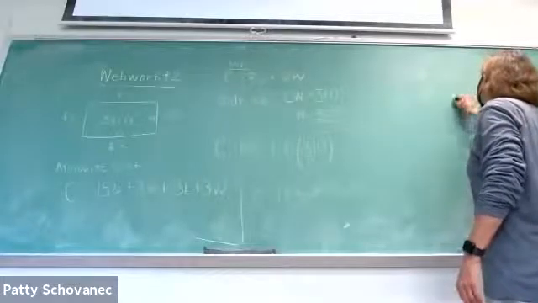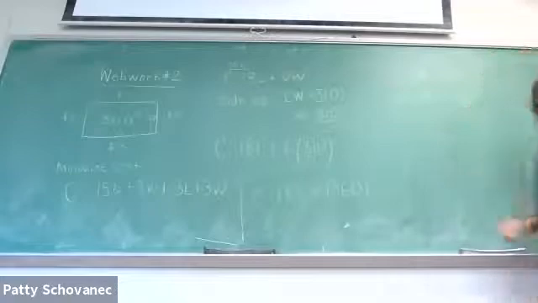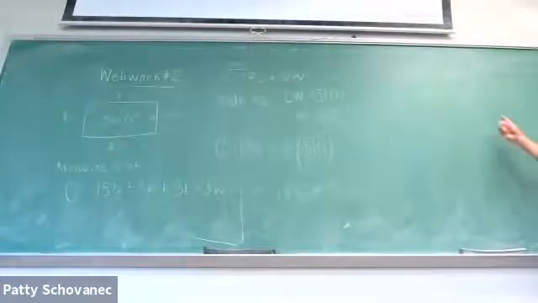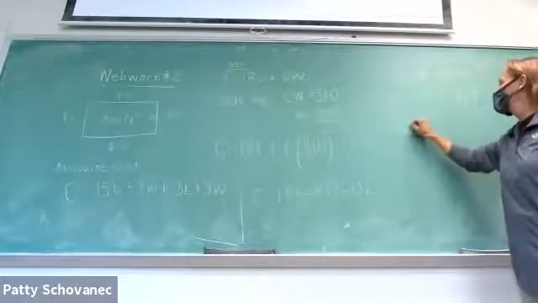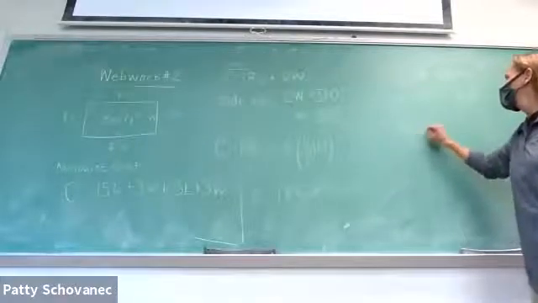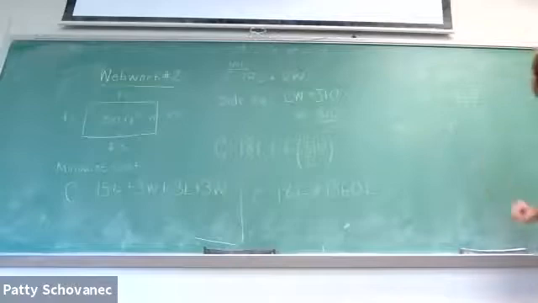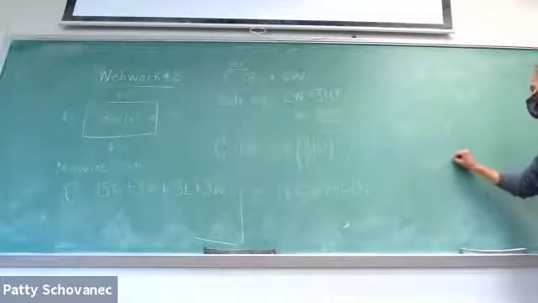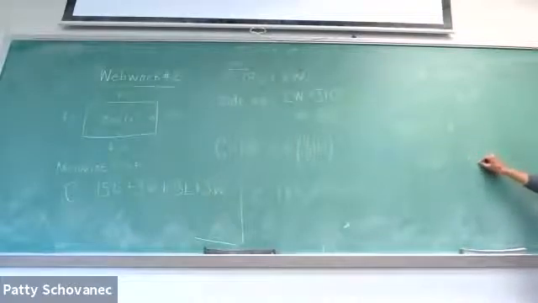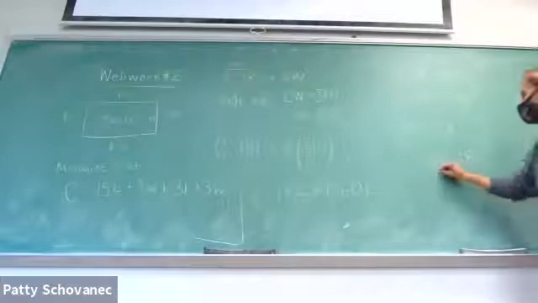But it's only the 1860 that's over the L squared. Then I'm going to take the negative number to the other side, make it positive. Multiply both sides by L squared. And then divide by 18.